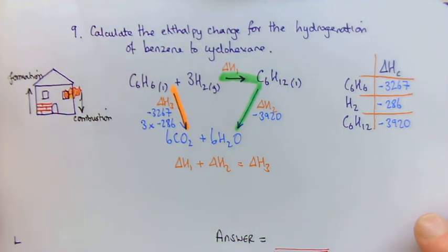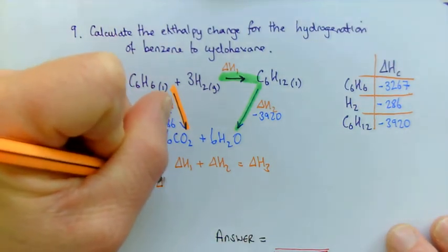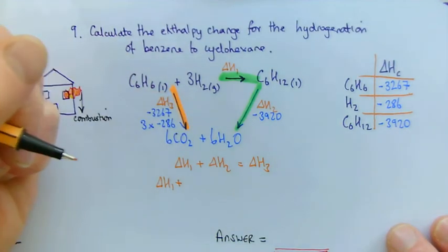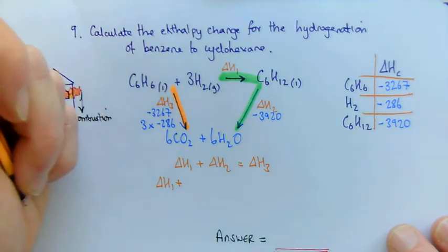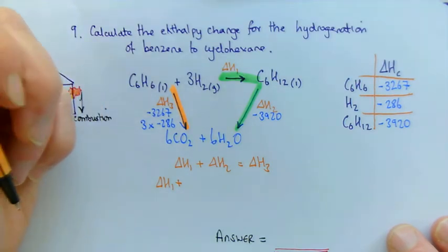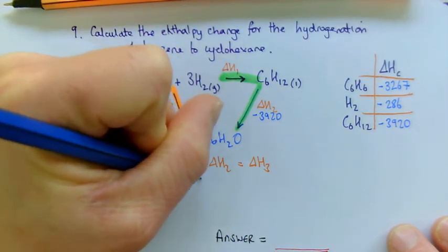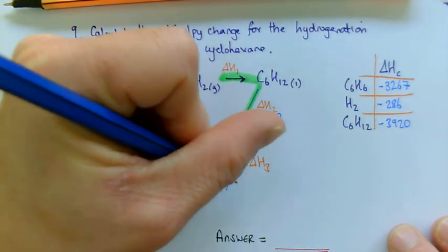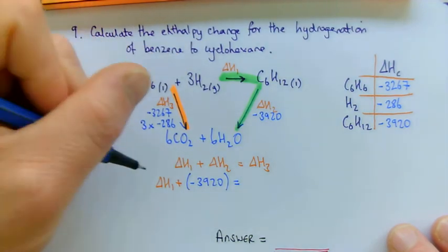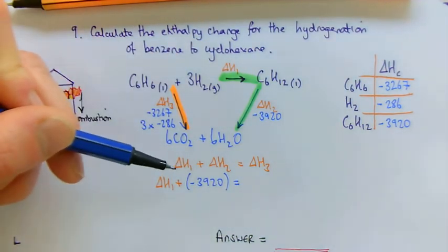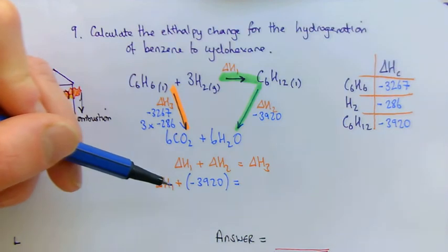Let's now just plug in some numbers to that. So we've got delta H1 plus minus 3920. My advice to you is you're going to look at that and go, well, that's minus 3920.